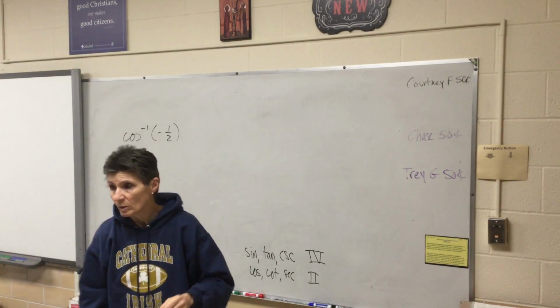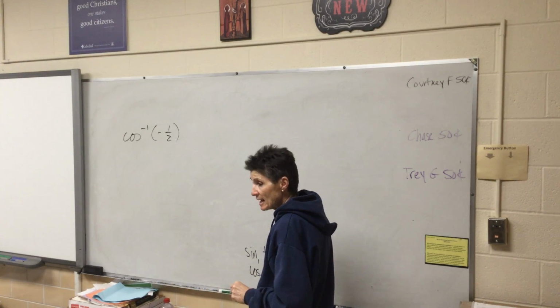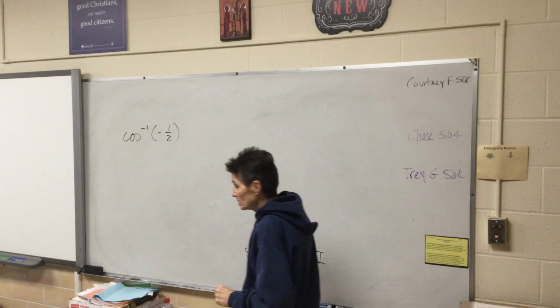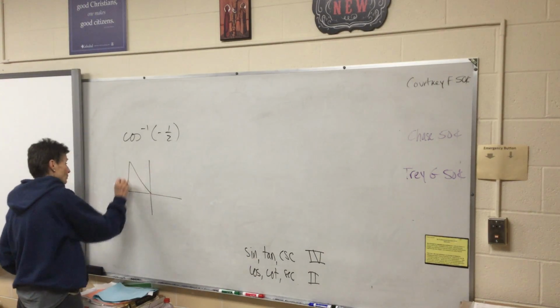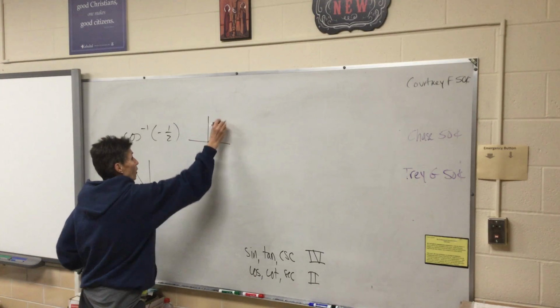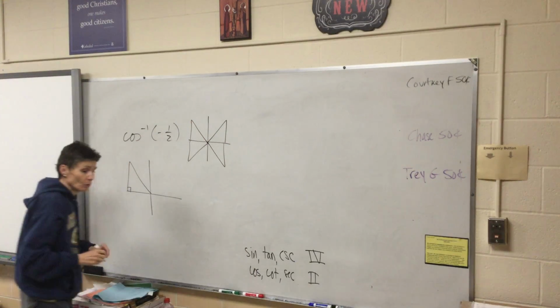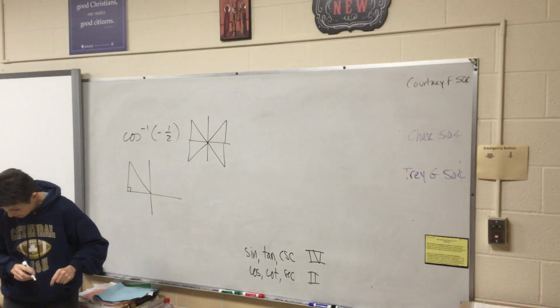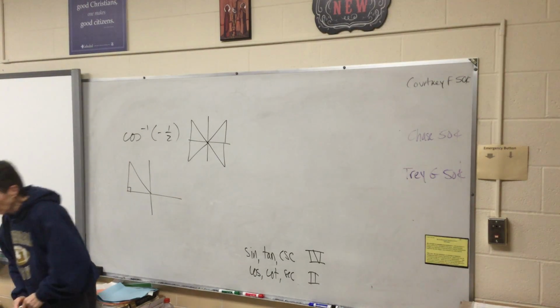Okay, so it's a cosine and it's negative. So that means I have to be in quadrant 2, so I'm going to draw my triangle in quadrant 2. Remember, every triangle you draw, kids, is going to be one of these. Do not be drawing random triangles. You're always going to draw one of the butterfly bow ties.